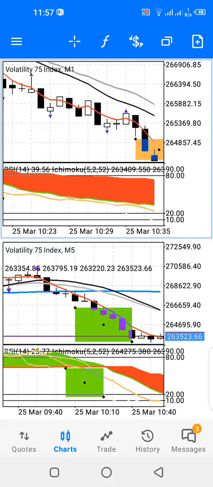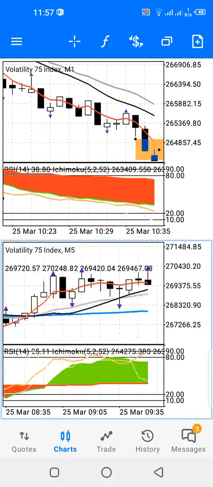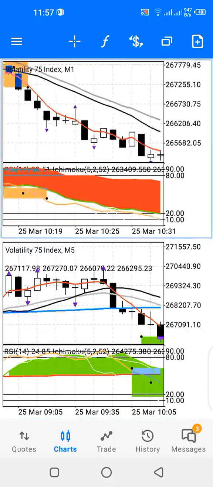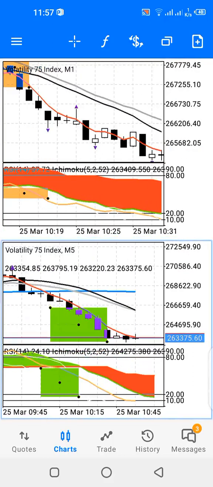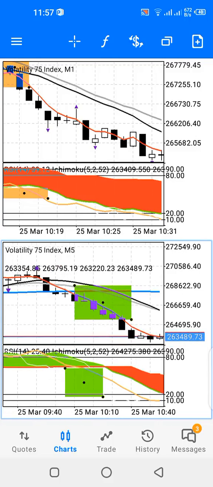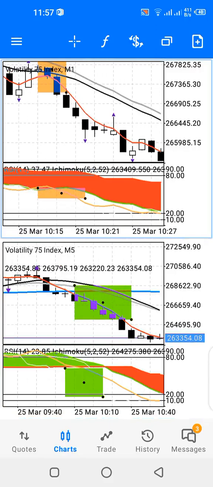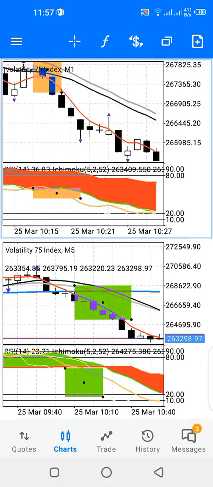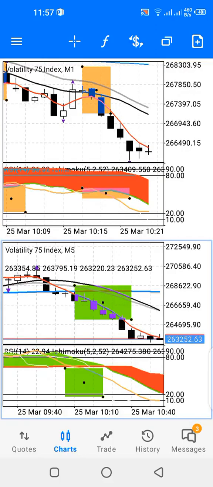All right, so it's the same technique for the lower window, but the upper window is 1 minute time frame while the lower window is 5 minutes time frame. So it's the same strategy, it's the same technique. When both windows align, where you have sell confirmation on the upper window and then you have sell confirmation on the lower window, you can sell.